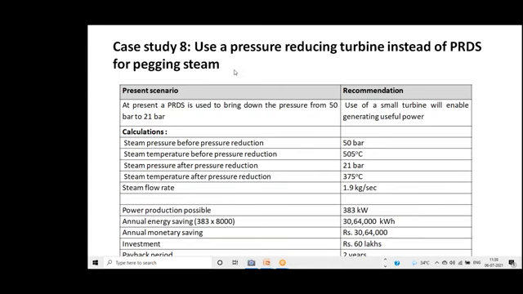Instead, we can use some small turbines and that will generate additional power. So in this case, instead of sending the steam through the valve, we sent it to a turbine. So about 380 kilowatts of power was generated.